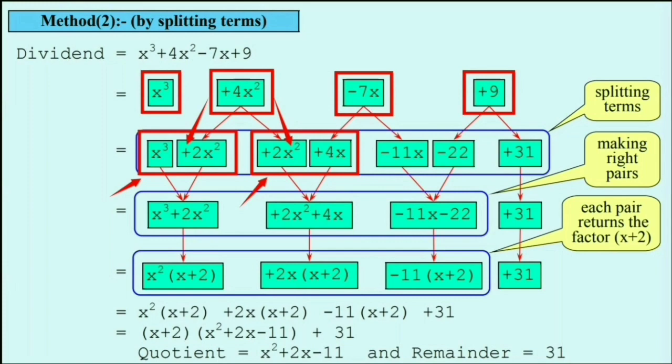Hence, minus 7x is split in two parts, out of which the first one is plus 4x and the remaining one is minus 11x.